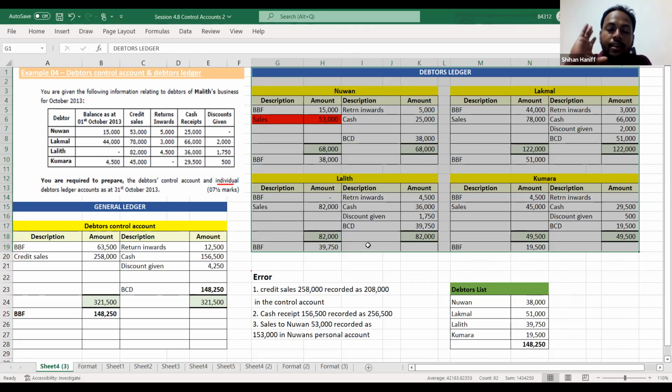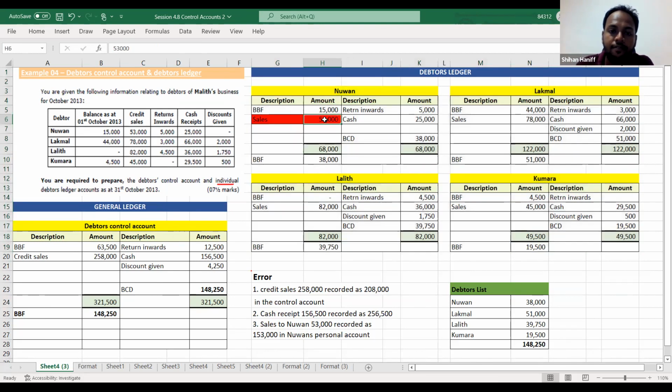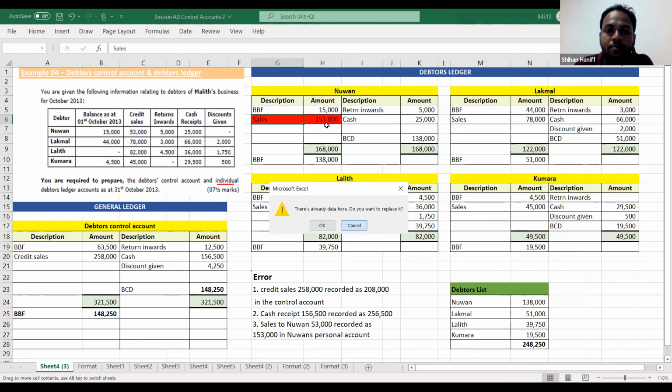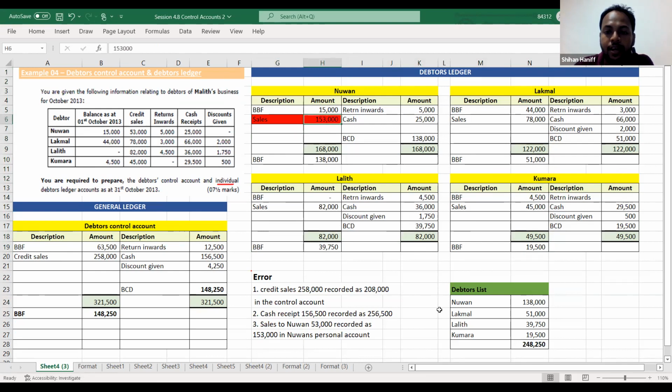You are doing the general ledger. So if this is 153, then what happens? If Nuan's personal account increased by 100,000, then Nuan's debtors list balance also will increase by 100,000.